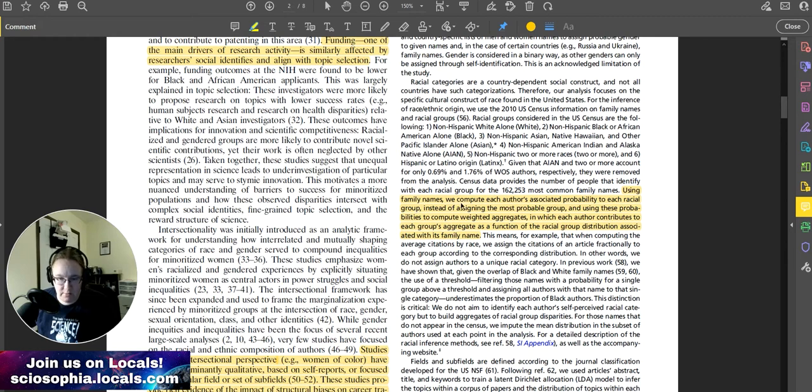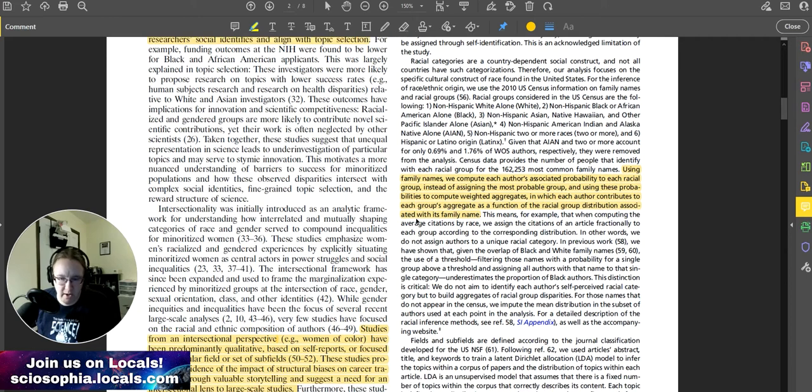Using family names, we compute each author's associated probability to each racial group instead of assigning the most probable group, and using these probabilities to compute weighted aggregates in which each author contributes to each group's aggregate as a function of the racial group distribution associated with the family name. This means, for example, that when computing the average citations by race, we assign the citations of an article fractionally to each group according to the corresponding distribution.